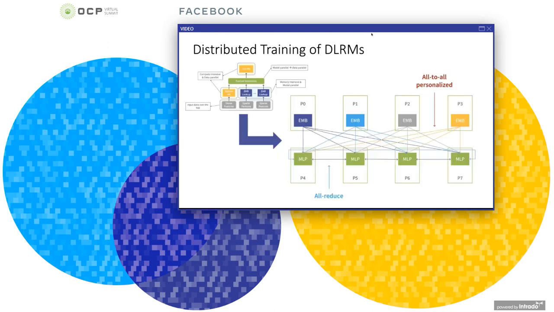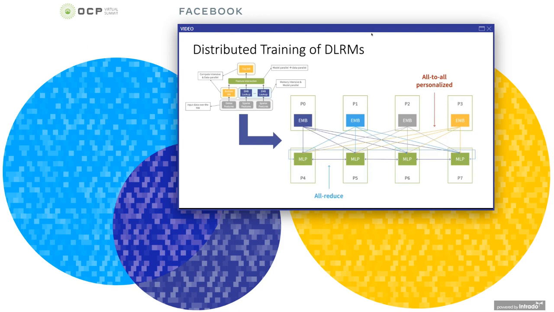So if we map that very nice demarcation of model parallel embeddings and data parallel MLPs, it maps to something like the picture on the right side. You have a few nodes P0 to P3, which is one candidate configuration, processing the embeddings, and then you have the other nodes P4 to P7 processing the MLPs. The MLPs are replicated on each of these nodes, and there's a reduction happening across them, which has to be orchestrated and overlapped with the compute so that the communication does not get exposed.